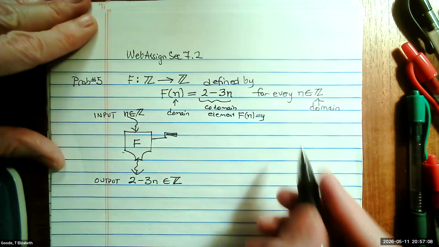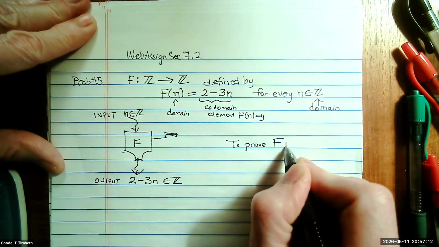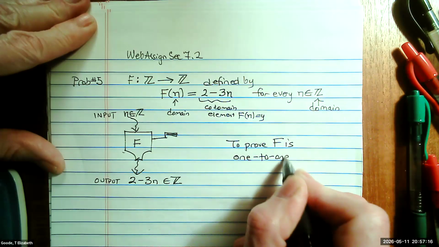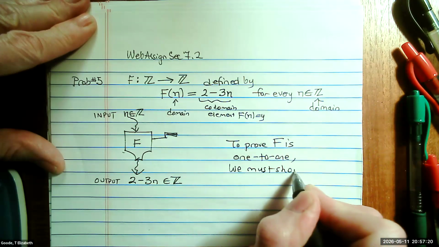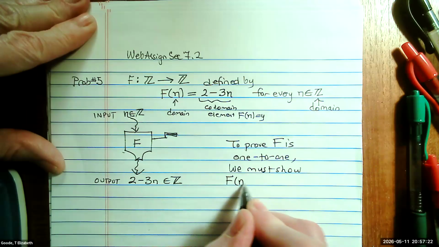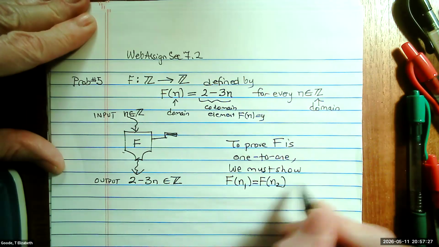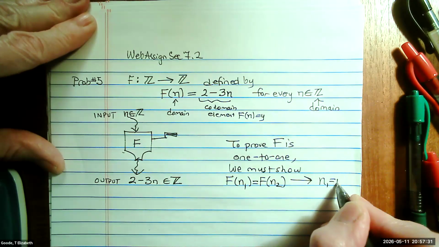So the point is, to prove f is one-to-one, we must show that f of n1 equals f of n2 implies that n1 equals n2.